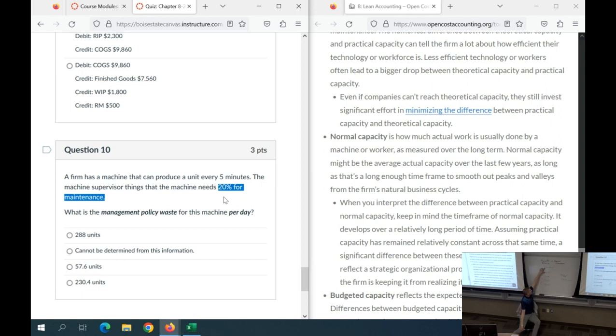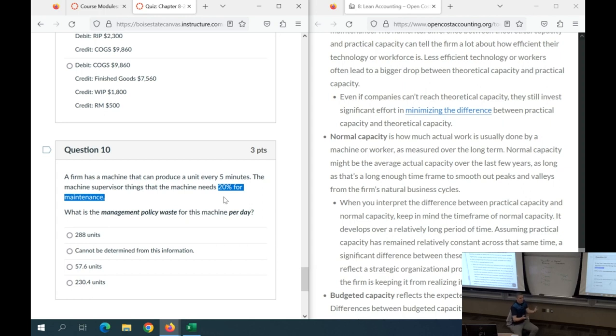We can calculate these two. The theoretical capacity is a unit every 5 minutes, which is what? 12 units per hour times 24, 288. Yeah, it should be 288 units per day, which is one of the answers. That's the theoretical capacity.